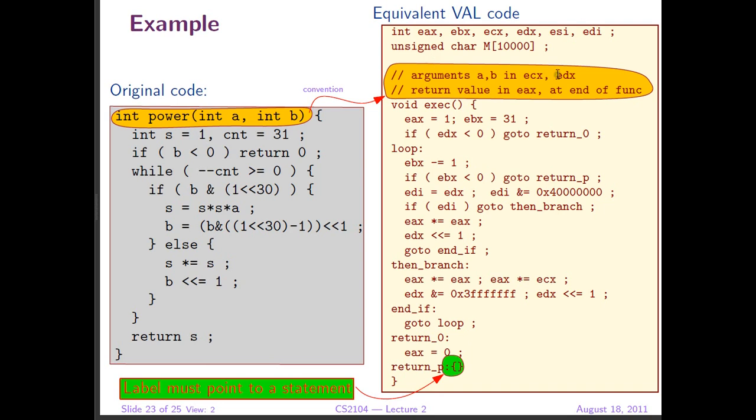So here, we make the assumption that arguments A and B would be placed in registers ECX and EDX. We also have to know how we return the result. So here we make the assumption that we return the value in EAX at the end of the function. As soon as we reach the end of the function, we expect that the register EAX contains the result.